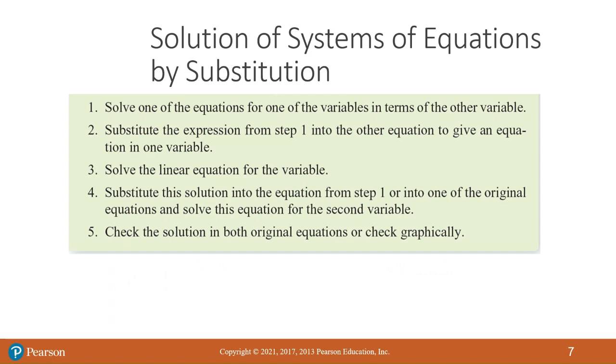Step two, we substitute the expression from step one into the other equation to give an equation in one variable. Step three, we solve the linear equation for the variable. And step four, we substitute this solution into the equation from step one or into one of the original equations and solve for the second variable. Then we check the solution in both original equations, or we check it graphically.